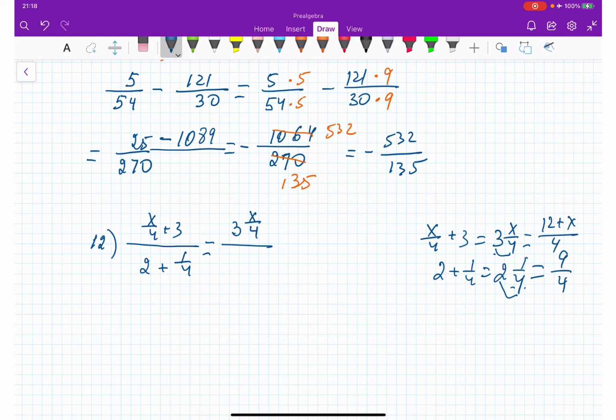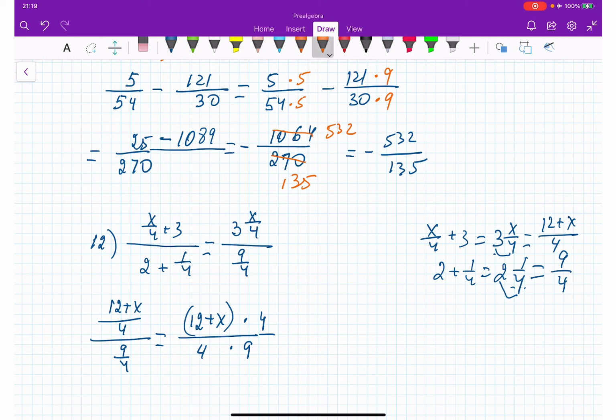So 3 and x over 4 divided by 9 over 4 is 12 plus x over 4, divided by 9 over 4. The result is the following: 12 plus x, in parentheses, over 4. Well, 9 over 4, 9 stays in the denominator, 4 comes to the numerator. This 4 and 4 is gone, and the answer is going to be 12 plus x over 9.